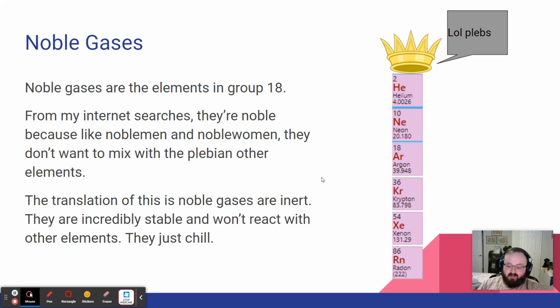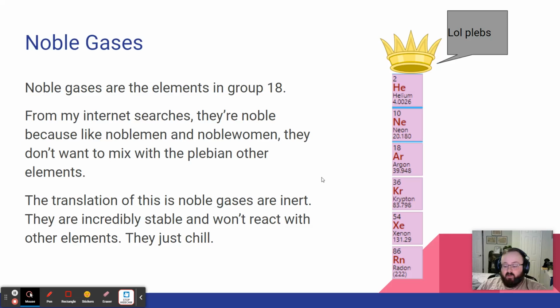And I joked in class, but I did actually look up why they're called noble gases. One explanation I saw, which I don't know if it's true, but I like it, is that they are like noblemen and noblewomen. They don't want to mix with the plebeian other elements. And what that means is that noble gases are what we would call inert. They are stable, and they don't react with other elements. They stand there and just chill.